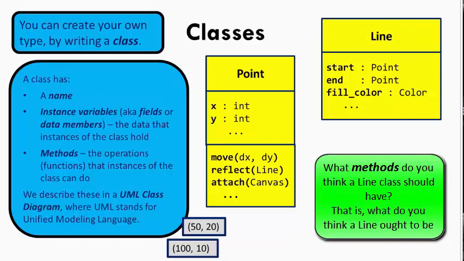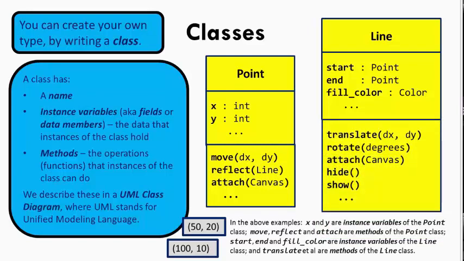The designer of this line class chose to allow a line to do similar things to that which a point can do, plus also things like hiding and showing itself. Again, it is all up to the designer of the class. In the next video, you'll see how you can use whatever instance variables and methods the designer has provided. We'll see the notation then.